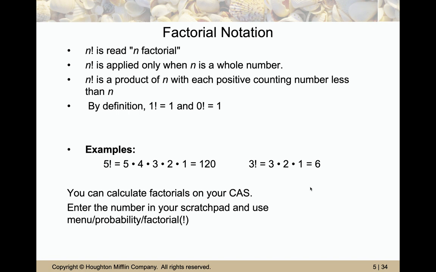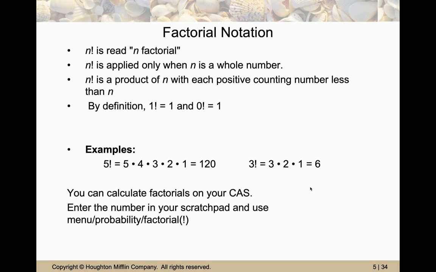Okay, there's some notation we need to talk about. It's called factorial notation. If you see n with an exclamation mark in mathematics, that doesn't mean n with a lot of emphasis. It's read n factorial. n factorial is applied only when n is a whole number. n factorial is the product of n with each positive counting number less than n.